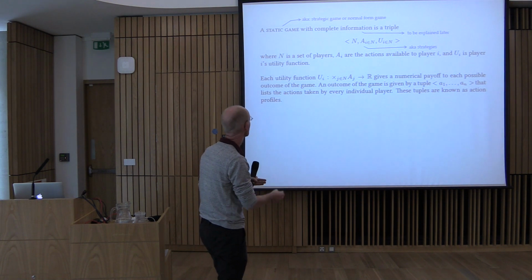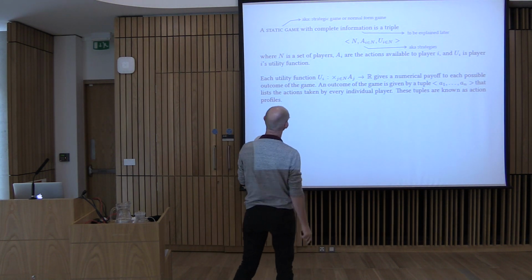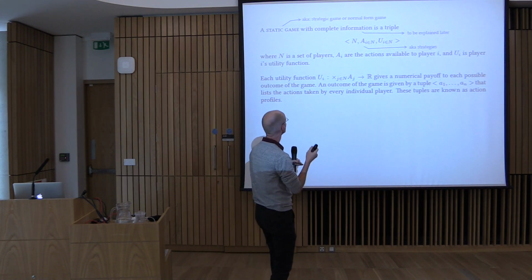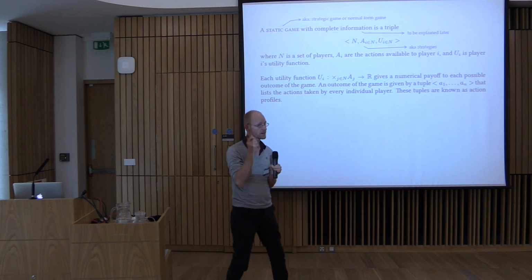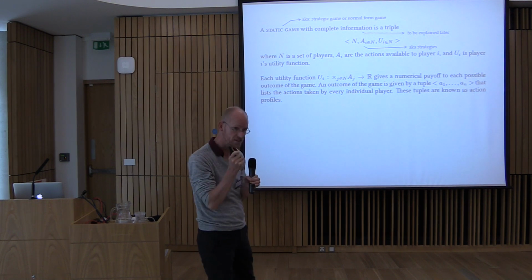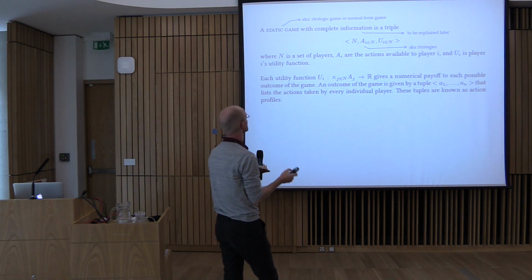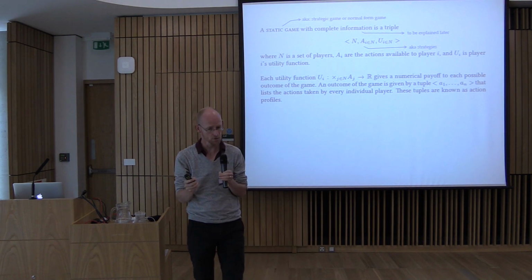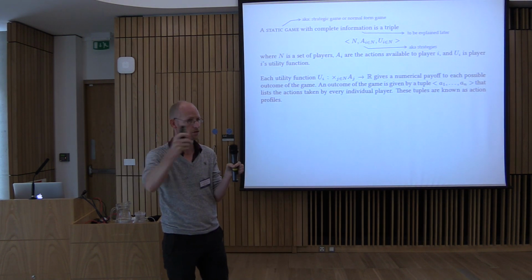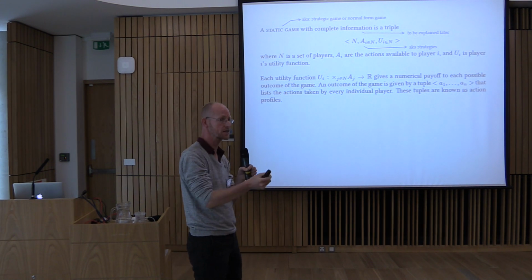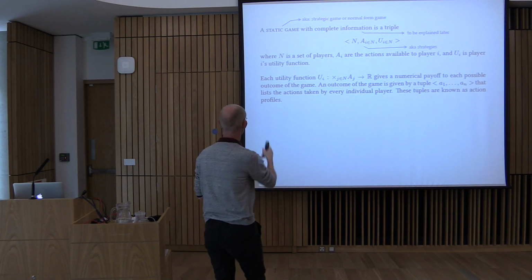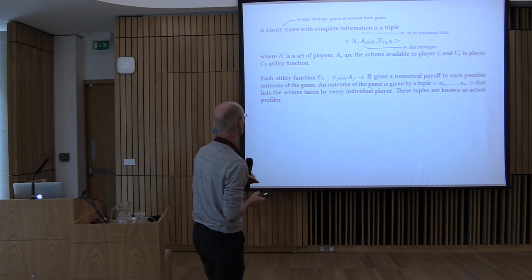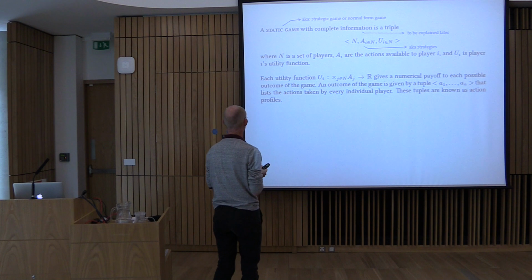Anyway, so this N, that's the number of agents. You have a set of agents. Then for each agent, you have a set of actions or strategies that person can do. And you have the U, and that's just the utility: if a number of people do a certain action, what is then the utility for each person? So N is a set of players, A_i is the set of actions available to player i, and U_i is the player's utility function.